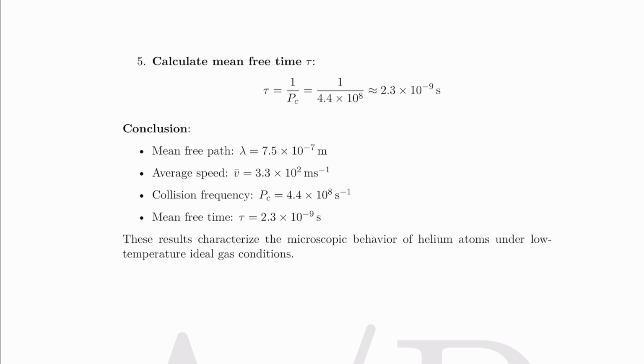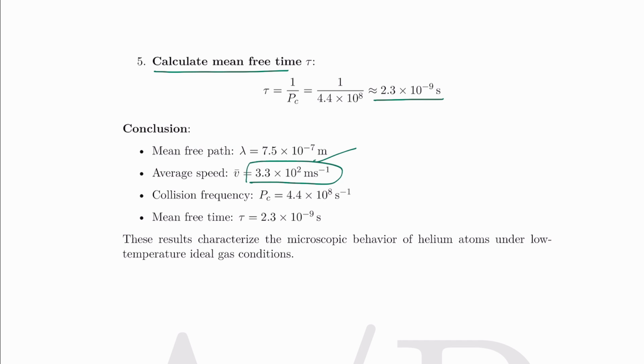Now we can move one step further and calculate the mean free time as well, and mean free time is defined as the inverse of collision frequency. So it is going to be in second, and it is 2.3 multiplied by 10 to the power minus 9 second. So in that way we conclude that mean free path is 7.5 multiplied by 10 to the power minus 7.